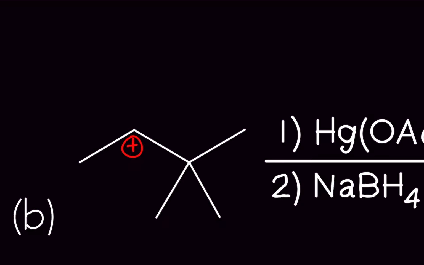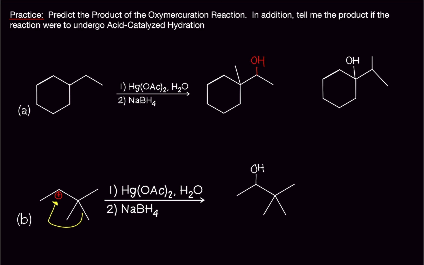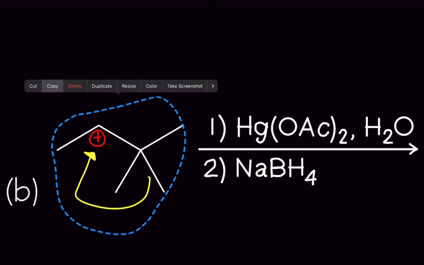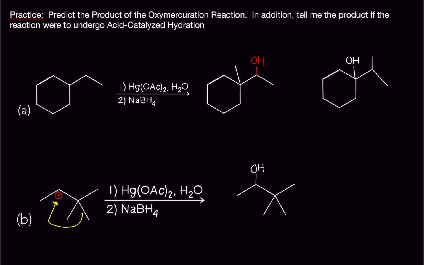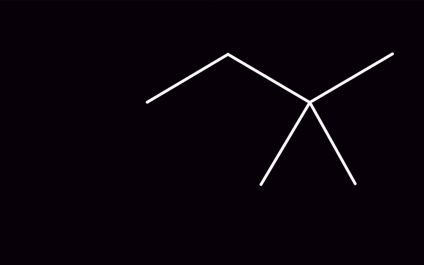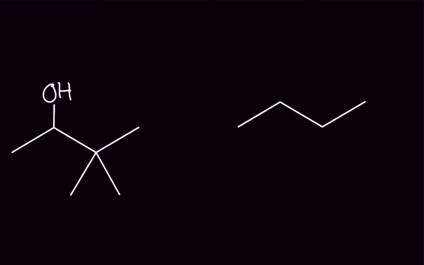So what we're going to do is have this attack the carbocation to move it over. And now the carbocation is going to move to here. Okay, so this goes away, this goes away.